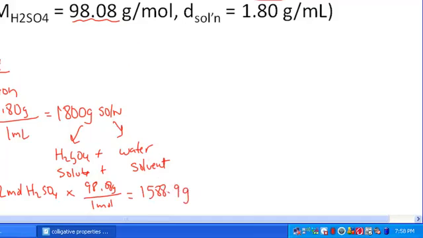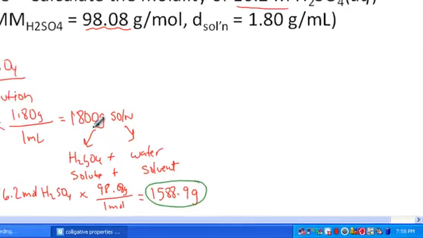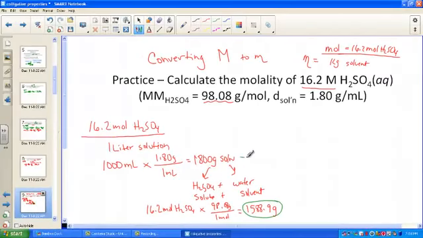Right here, let me change color to emphasize, we've determined this mass, 1588.9 grams, that's the mass of the solute.